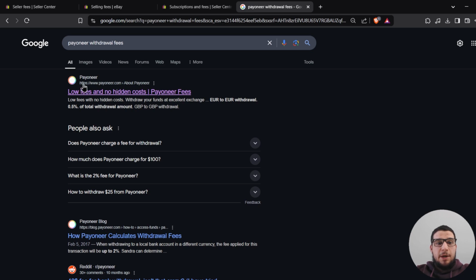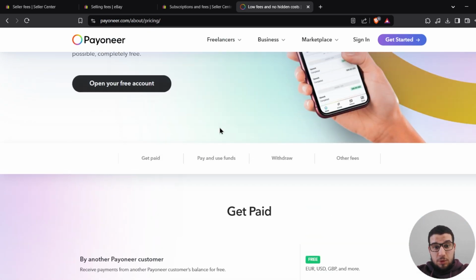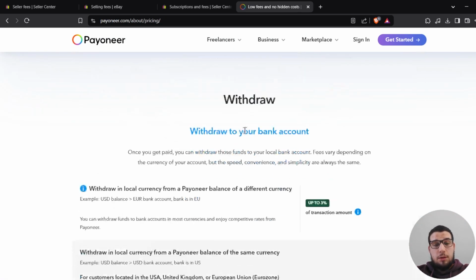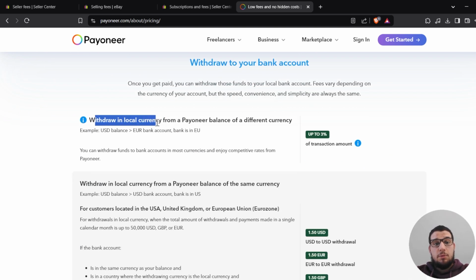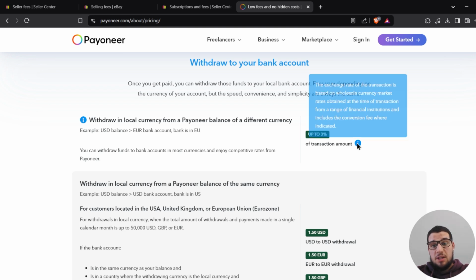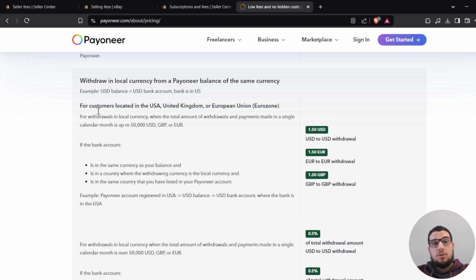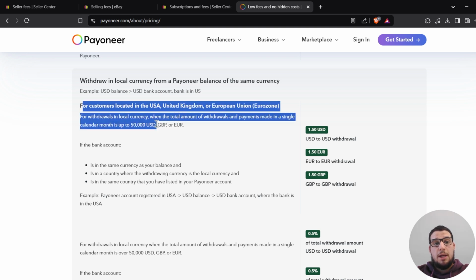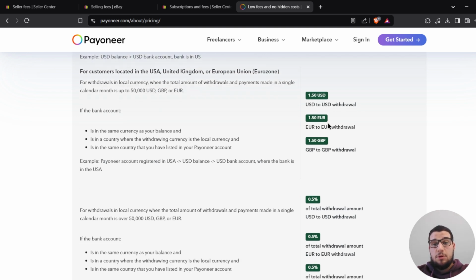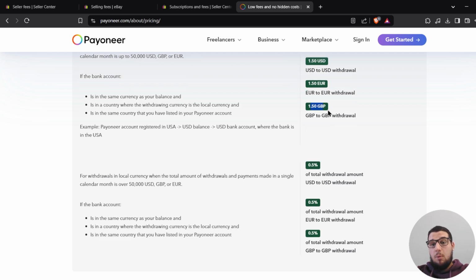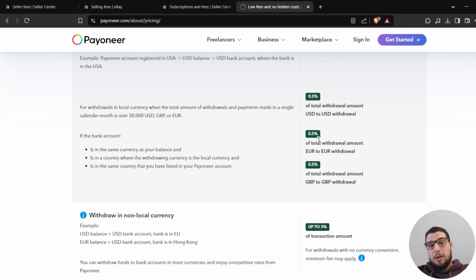And finally, with Payoneer, there's also the withdrawal fees, which are basically when you withdraw. I'll click on withdraw right here. So, for example, when you want to withdraw to your bank account, if you want to withdraw in local currency from a Payoneer balance or a different currency, you'll pay up to 3% of transaction amounts, as you can see right here, with withdrawal in local currency. So, for example, if you have a USD balance and you have a USD bank account in the US, you are paying 1.5 for US to US, 1.5 euros to euro, and 1.5 pounds from pound to pound, and so on.